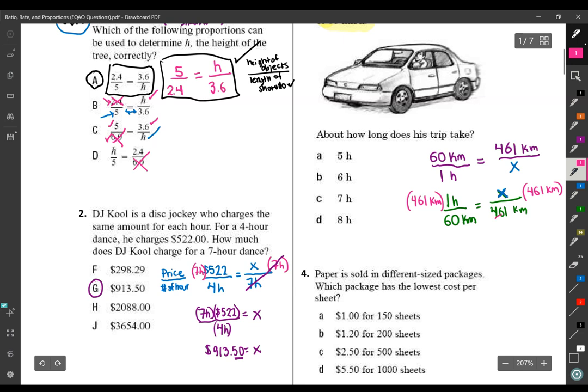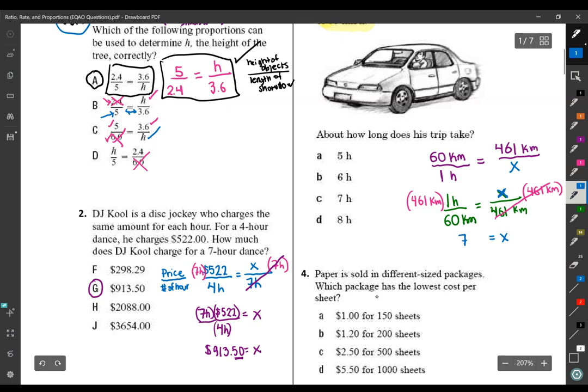And we do that so that it cancels out and we're left with just X all alone. So to solve for X, we do 461 times 1 divided by 60. And that's going to give us, I'm going to round to 1 decimal place.